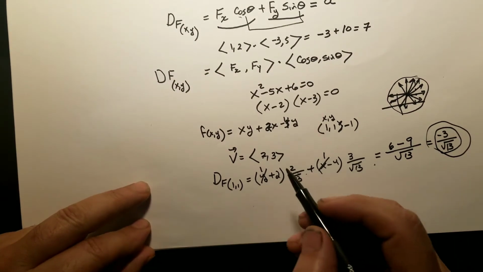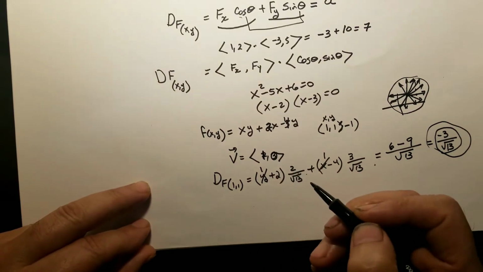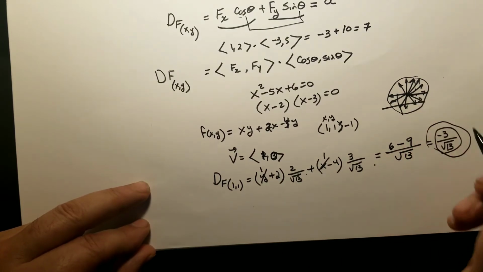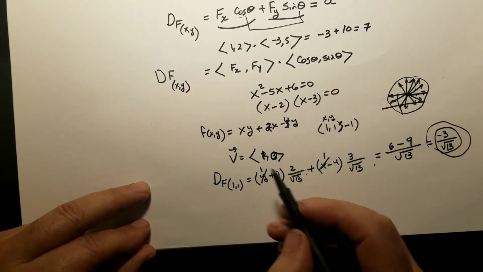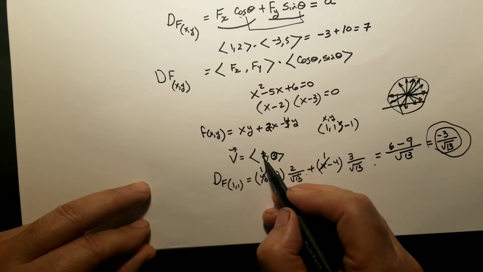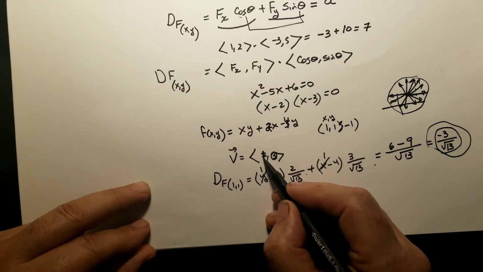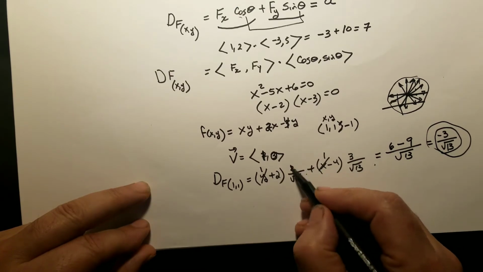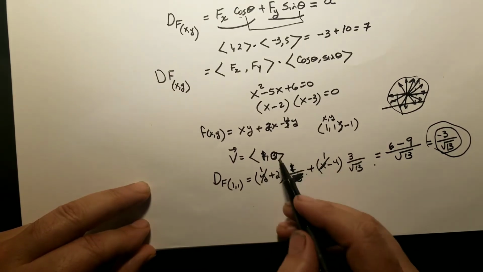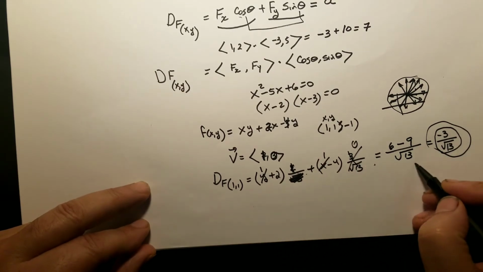Maybe somebody said, well, what happens if the direction becomes, instead of this, 1 and 0? 1 and 0 is going to be in that direction. Therefore, this is already a unit vector. And this one, your cosine theta is 1 over r, which is 1. And this one makes it a 0. Therefore, what you have right here, you come up with a 3.